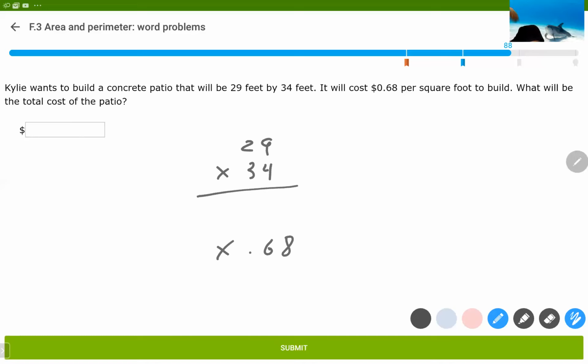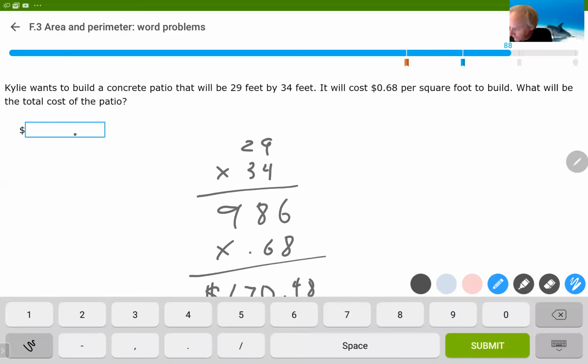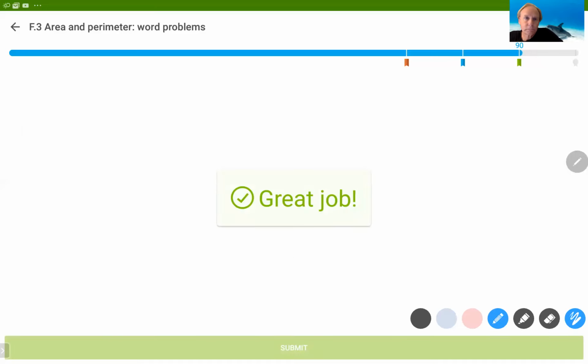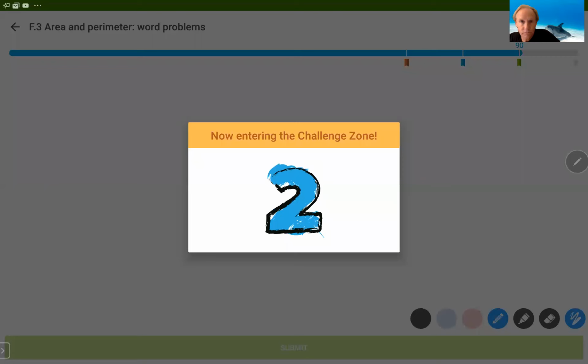So this is going to be 986, and we get a total of 670.48, which seems reasonable, which is about right. See if I can put it in right this time. Finally.